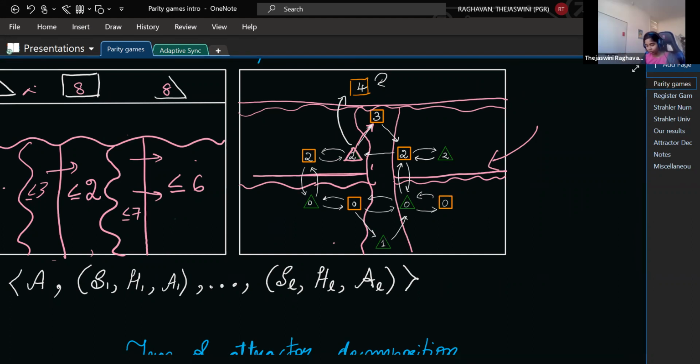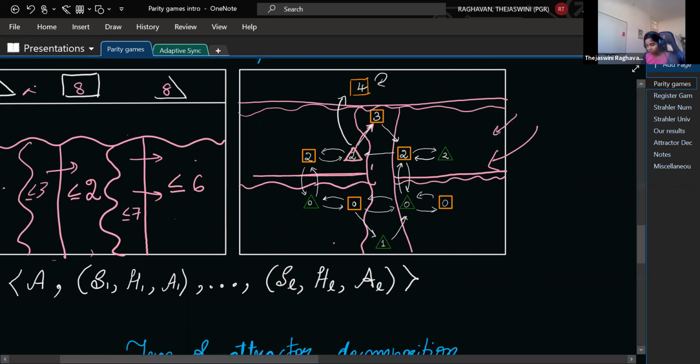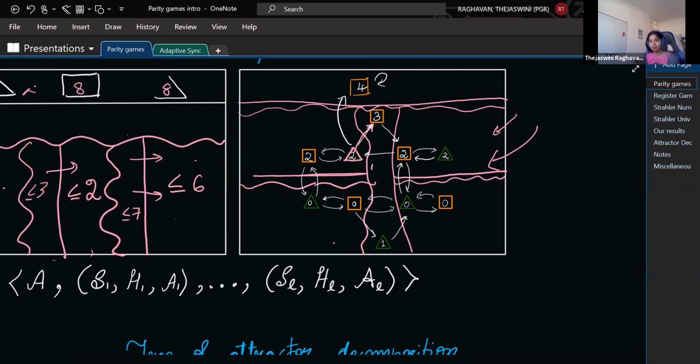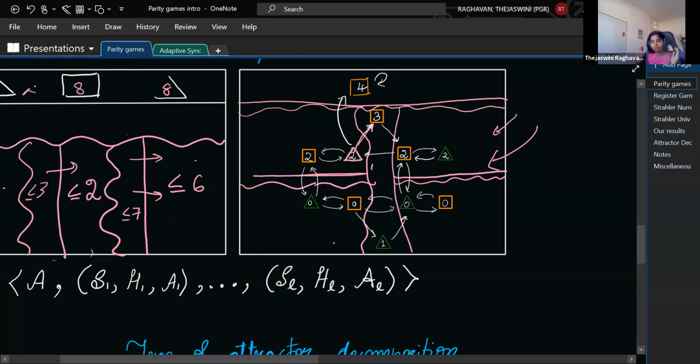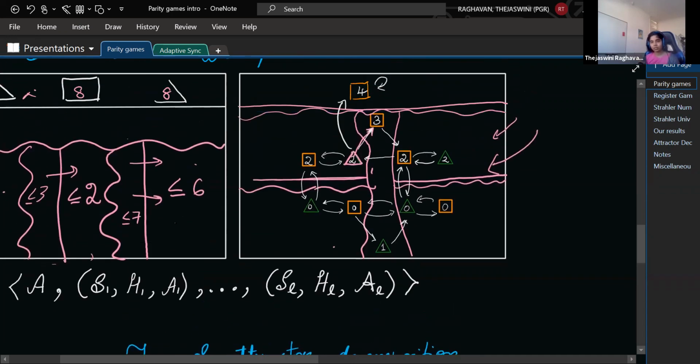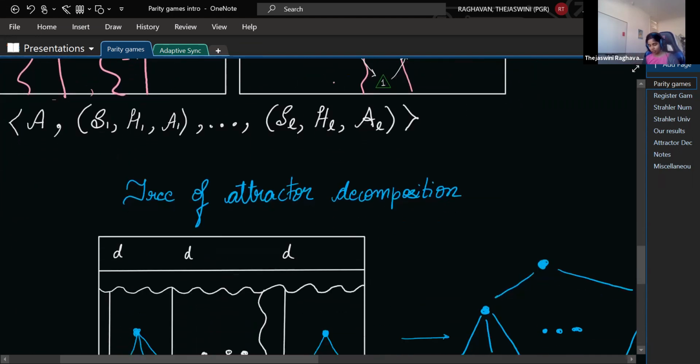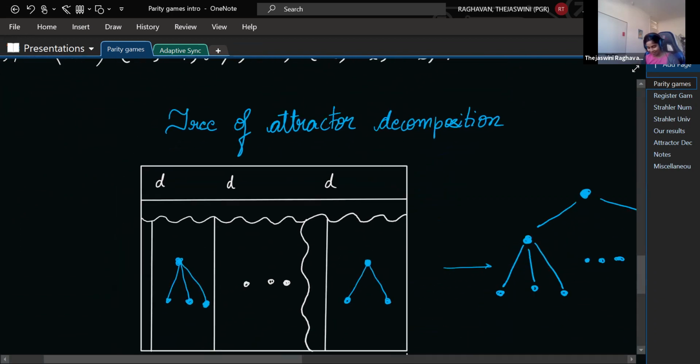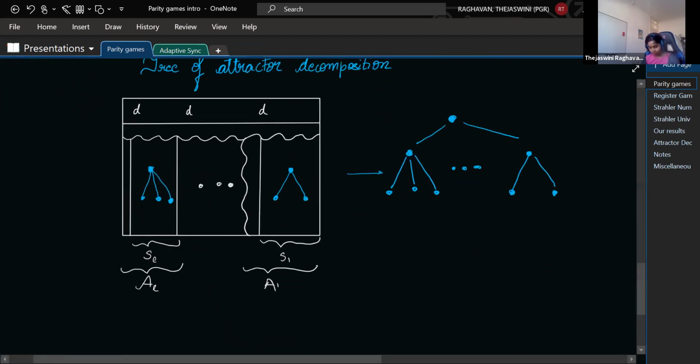If I leave a token in this winning region and in the first winning region, and I ask Steven to play, then Steven either wins by staying within this region, or if he leaves, he can only escape to a 4. That makes sense. You make sure the first winning region doesn't see a 3 before staying here. Maybe I should stop explaining this and go to the tree of an attractor decomposition. But yes, that is a good question.